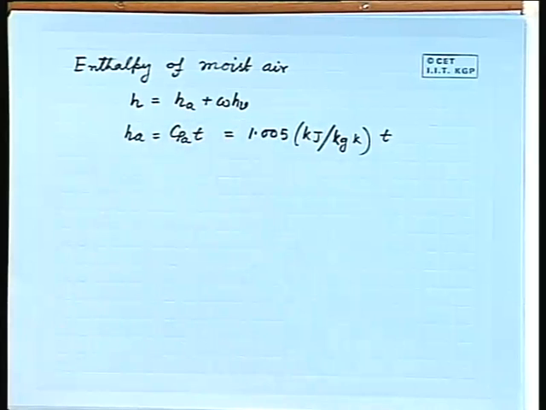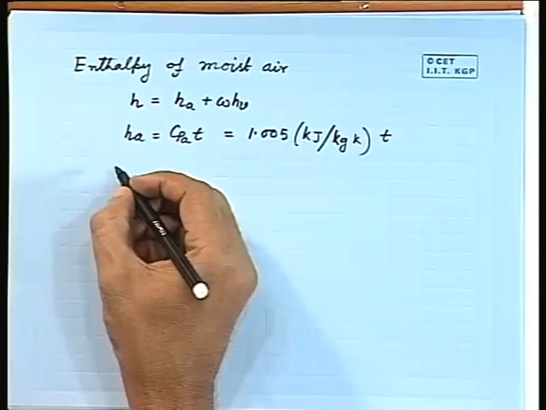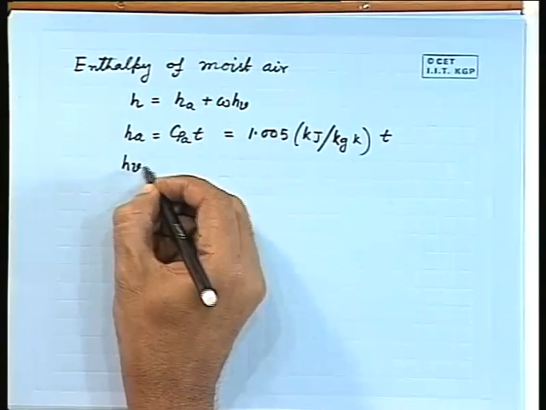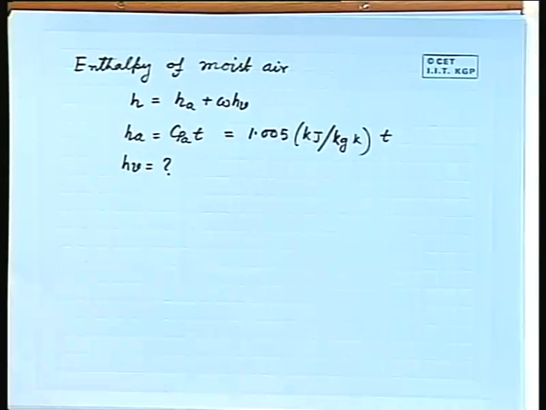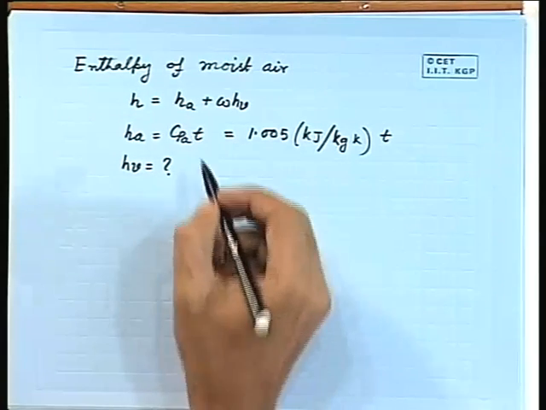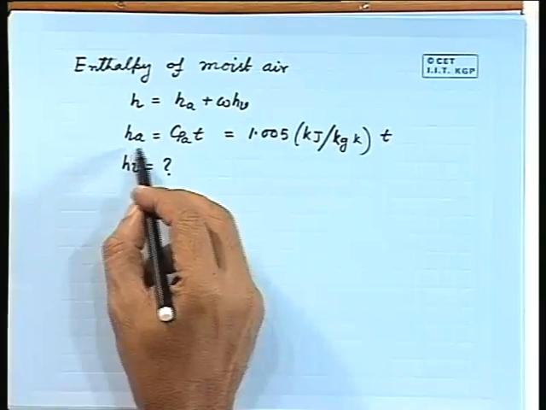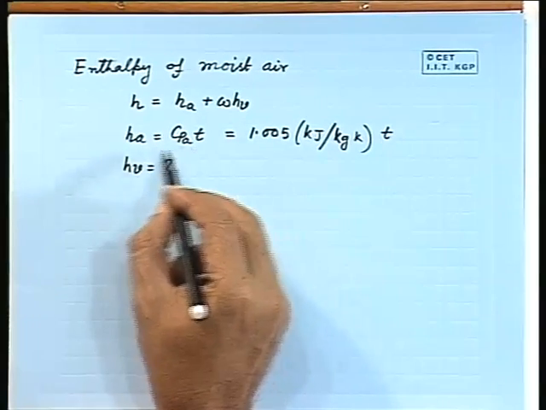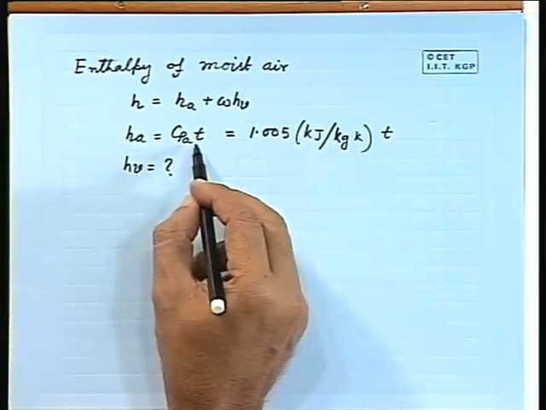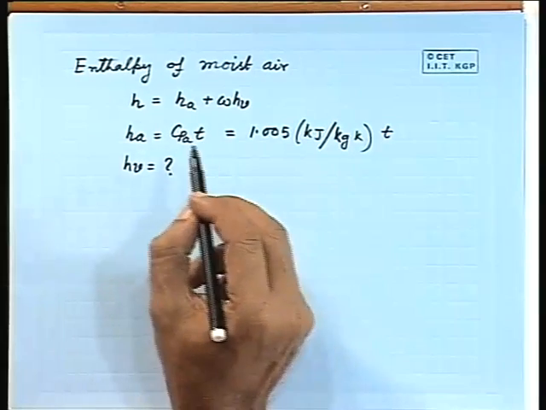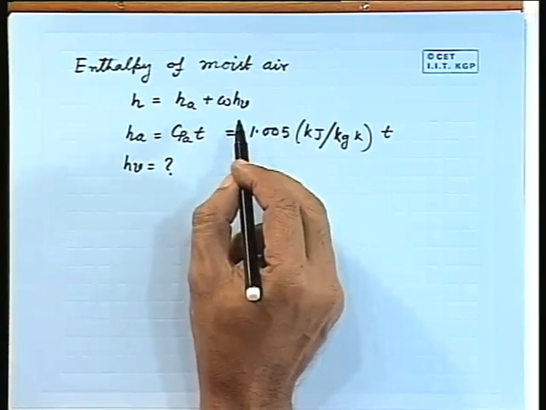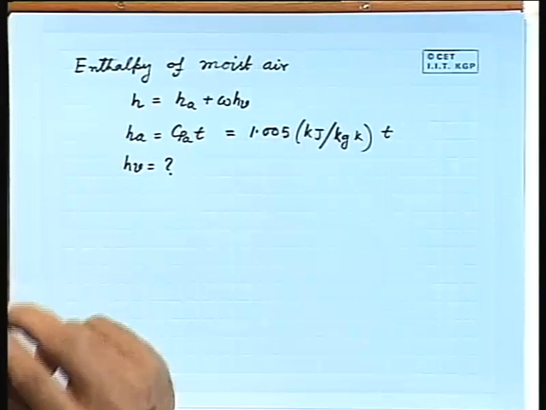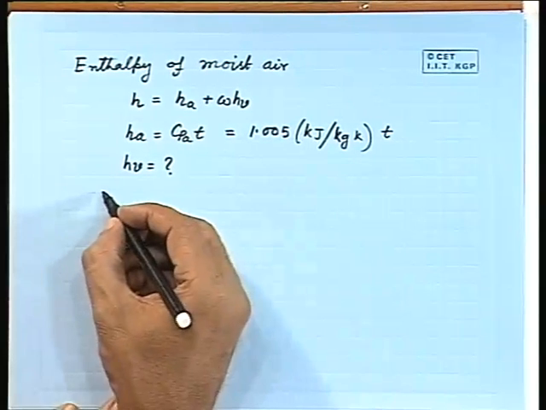Now, there is some difficulty in calculating h_v. How should we calculate h_v? What I have done here is calculate the enthalpy h_a at a particular temperature T. I also need to calculate h_v at that particular temperature T. So, how should we do it?